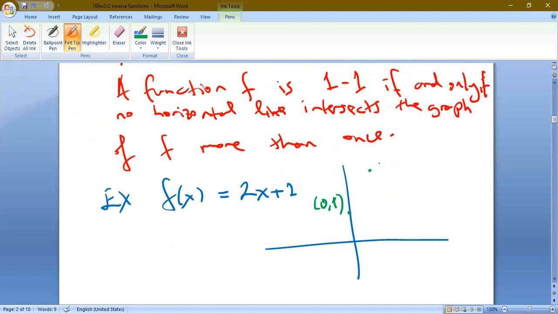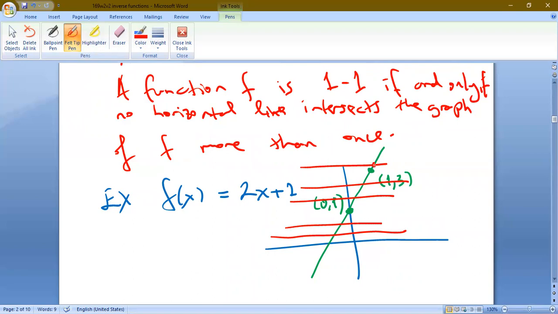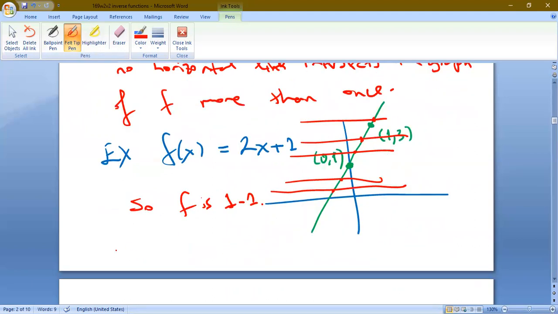So 1 will be mapped to 3, and then we will have a line passing through these 2 points, as with any linear function. Let's say you intersect this with horizontal lines. As you see, all of them intersect the graph only once. You can think of other horizontal lines, but they will intersect only once. So f is one-to-one. In particular, all linear functions are one-to-one.